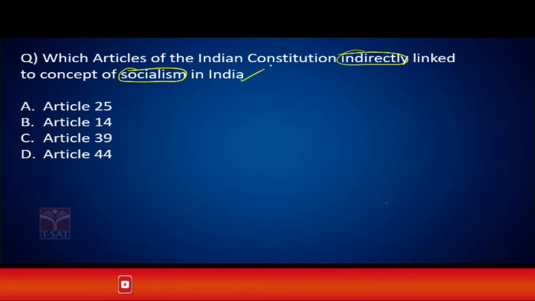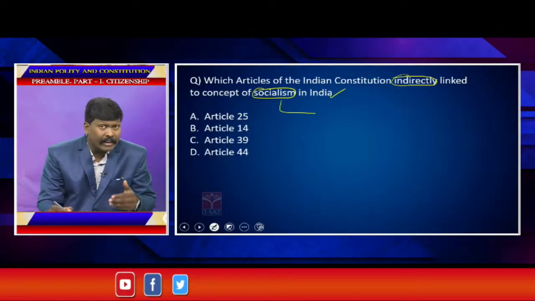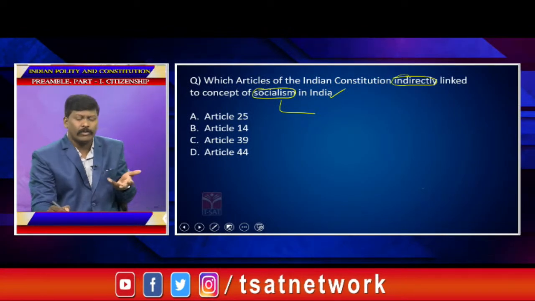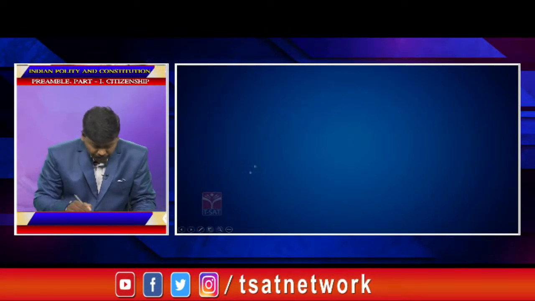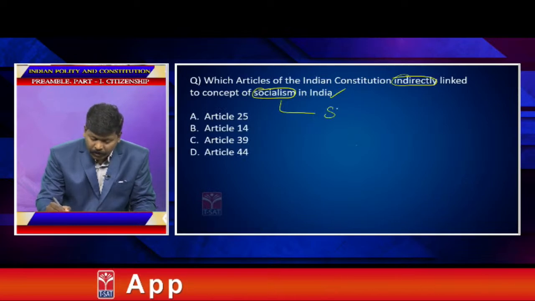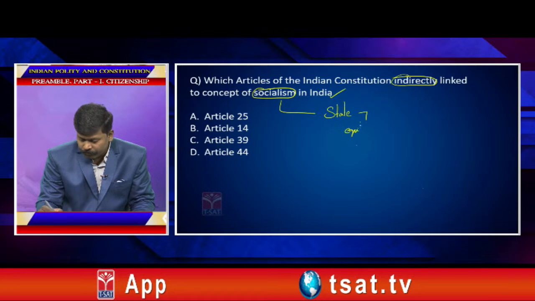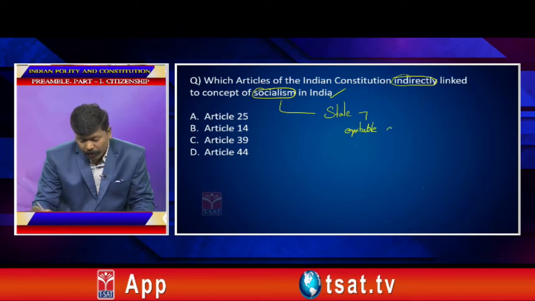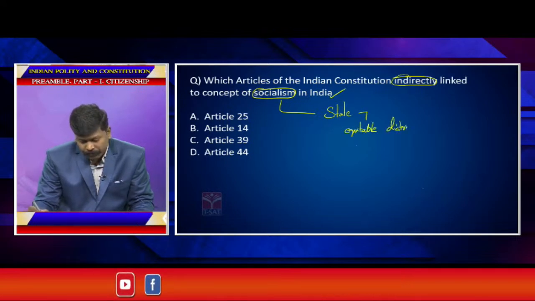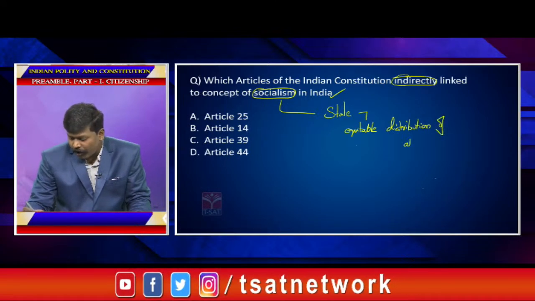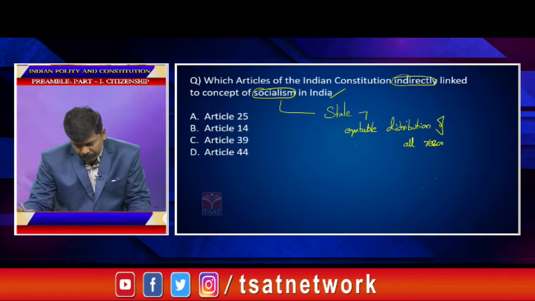Socialism in India. What is socialism? It is in relation with economic socialism. Now, what is economic socialism? It is the duty of the state to ensure equitable distribution of all resources.